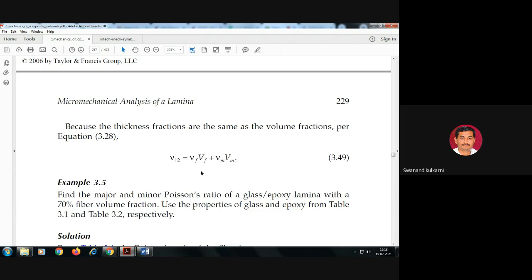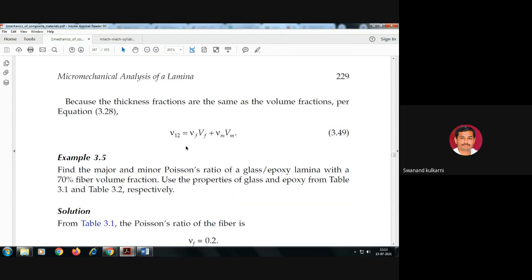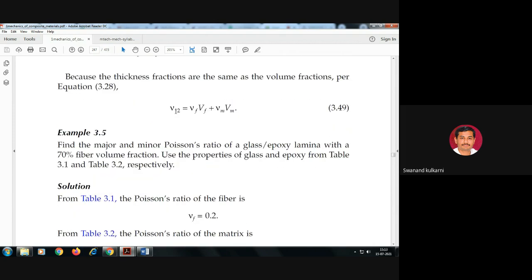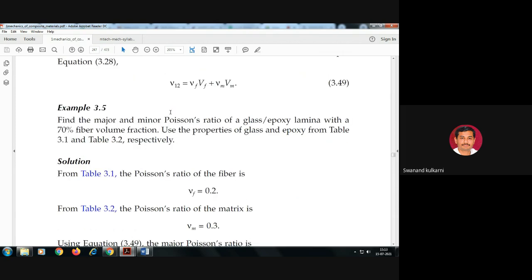That is, the Poisson's ratio of the composite material is equal to the Poisson's ratio of reinforcement times the volume fraction of reinforcement, plus the Poisson's ratio of matrix times the volume fraction of matrix. Likewise, we can identify the Poisson's ratio of the composite material.